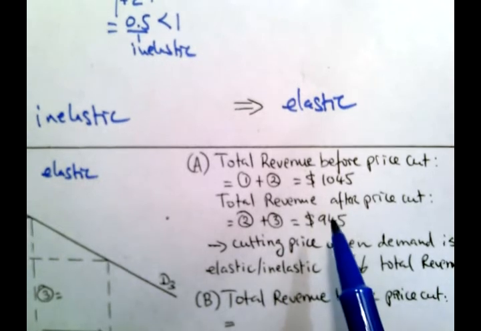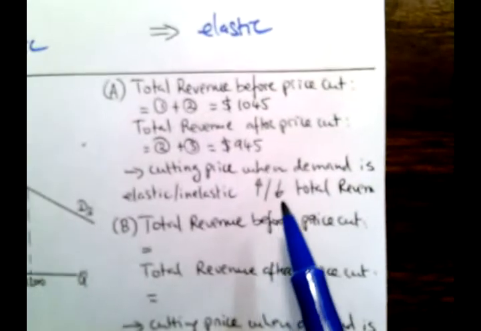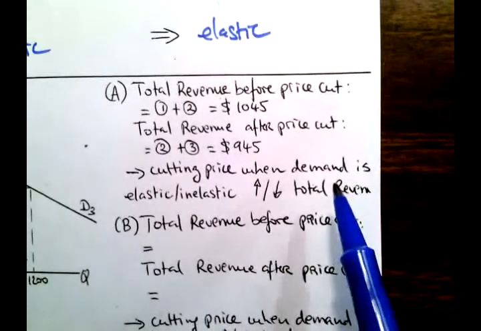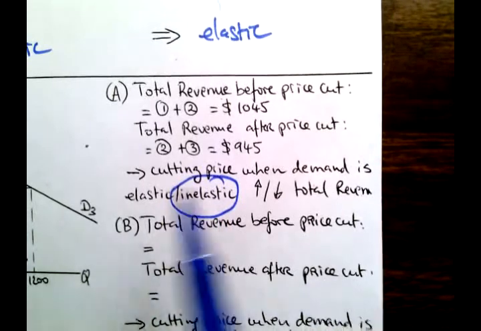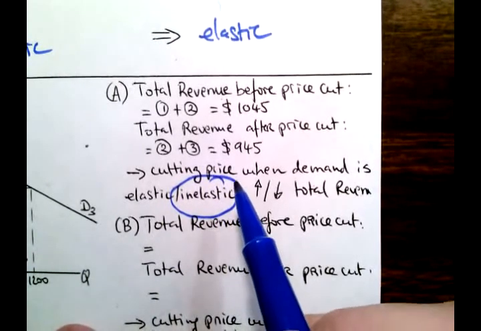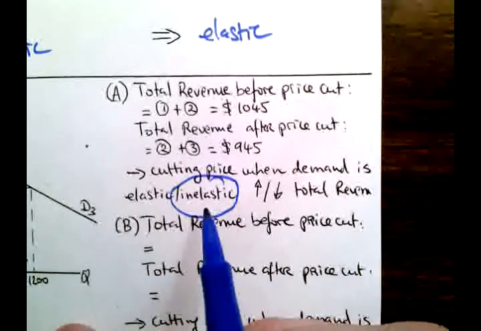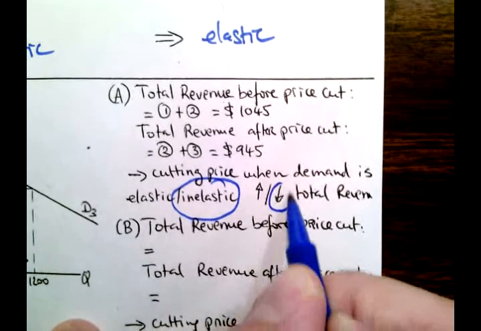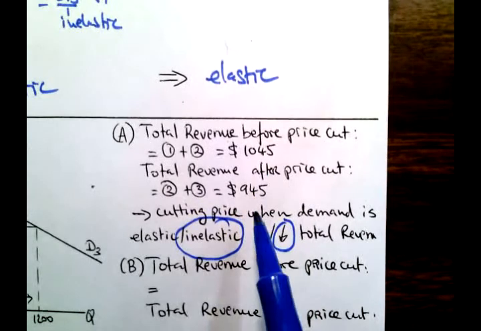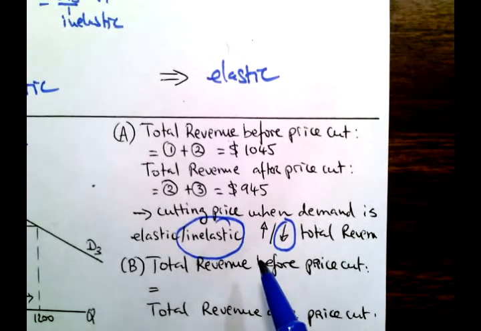So what happened here? When you cut the price, when demand is inelastic, okay, very steep curve. So if you give a discount and your consumers are not very sensitive, what's going to happen to total revenue? Well, total revenue will drop, will go from 1045 to 945. Okay, so you might not want to give a discount if demand is inelastic.